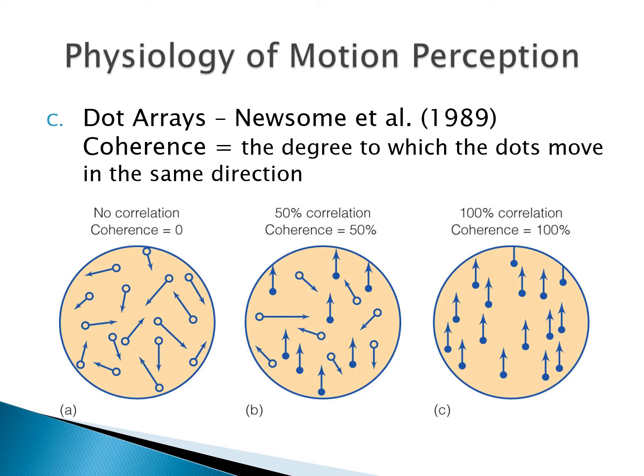In A, the dots are moving randomly, so the coherence is 0. They don't have any coherence with each other. In B, you can see that 50% of those dots are moving in the same direction, upwards. And in C, we have 100% coherence, as all of those dots are moving in the same direction. That is the background for the studies coming up.